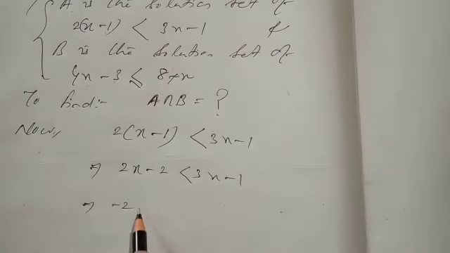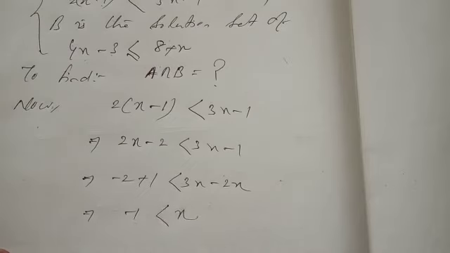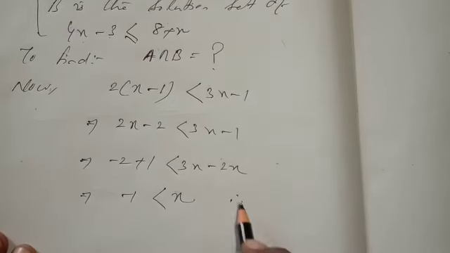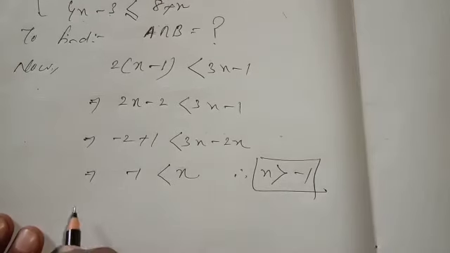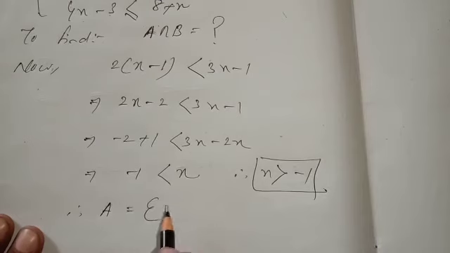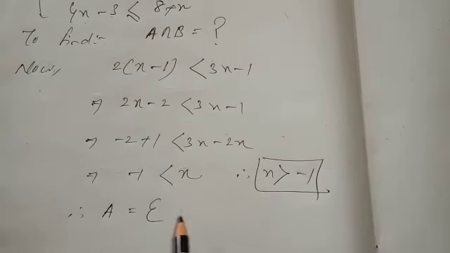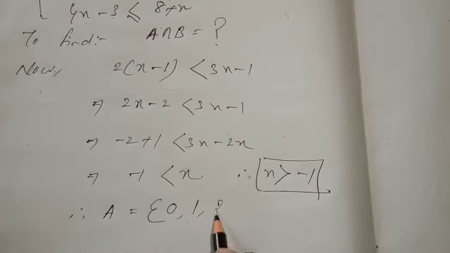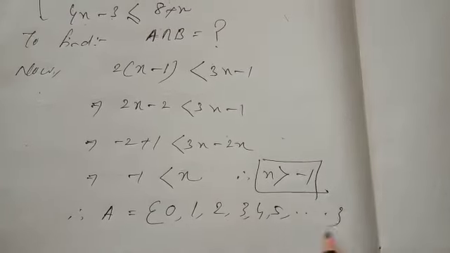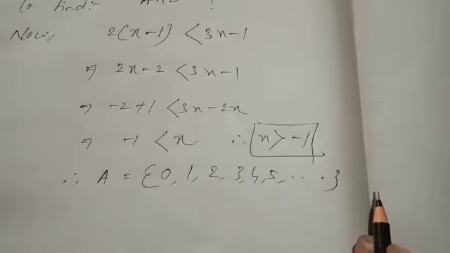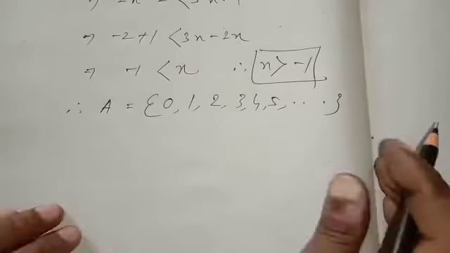This gives minus 1 less than x, that means x greater than minus 1. Since x is an integer, A is the solution set of the first inequation: x greater than minus 1 means 0, 1, 2, 3, 4, 5, and so on up to infinity. This is the solution set A.